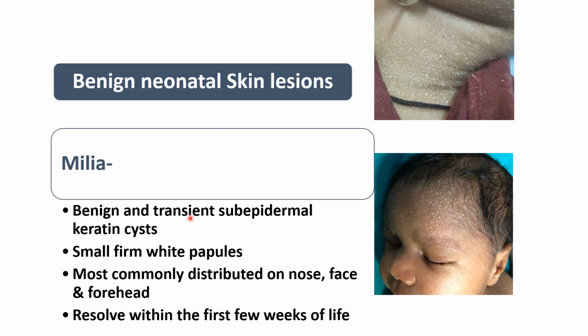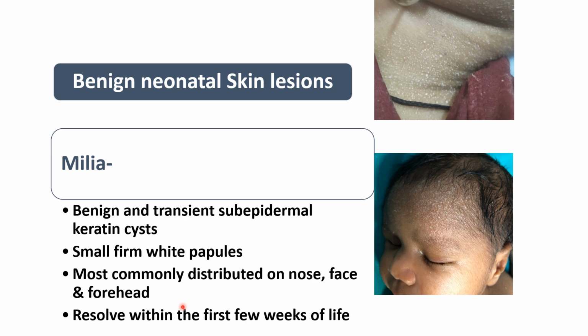These are benign subepidermal keratin cysts, white and firm, without any erythema. The most common site is the nose and also over the face and forehead. Sometimes also present in the neck and chest area. They also resolve within the first few weeks of life. No treatment is required. It is a self-limited condition.